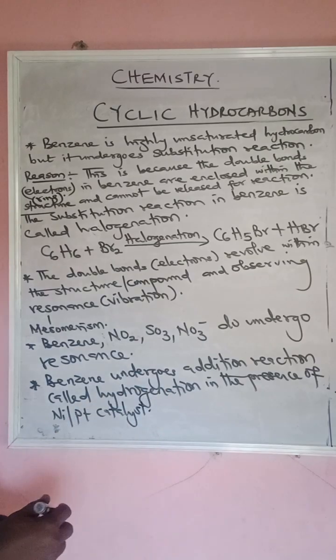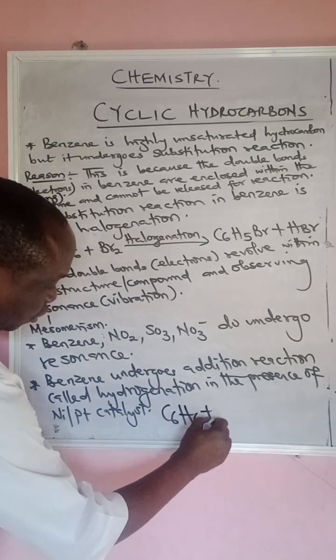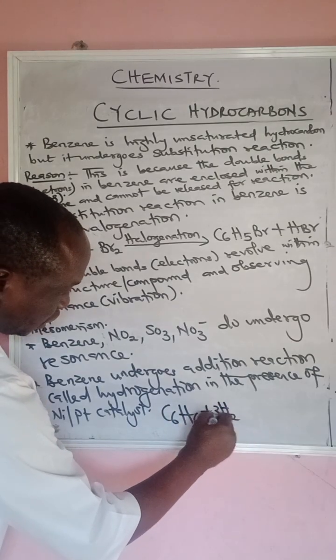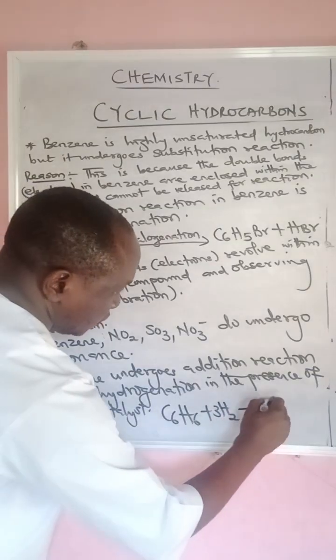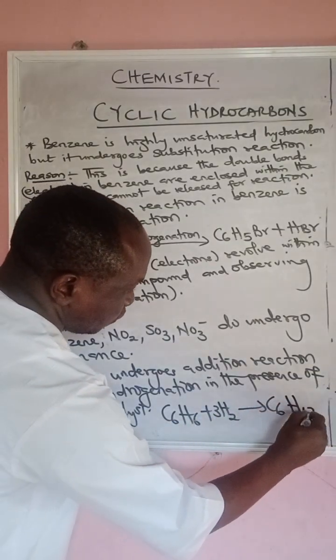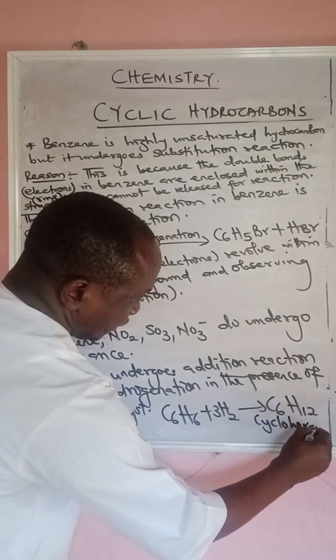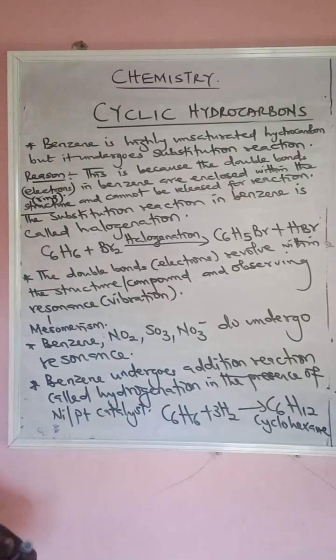We call it catalytic hydrogenation of benzene. It will form C6H6 plus 3 hydrogen, so it will be C6H12. This is known as cyclohexane. This is what it will form, cyclohexane.